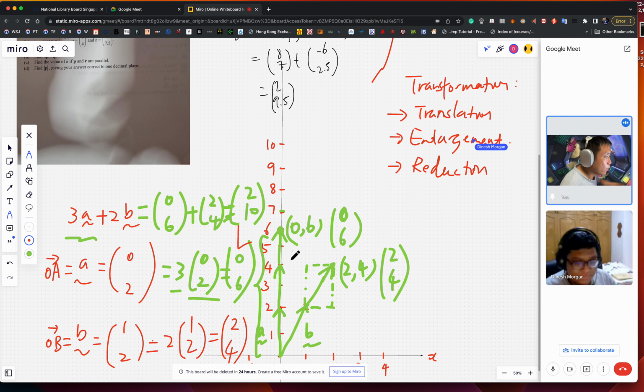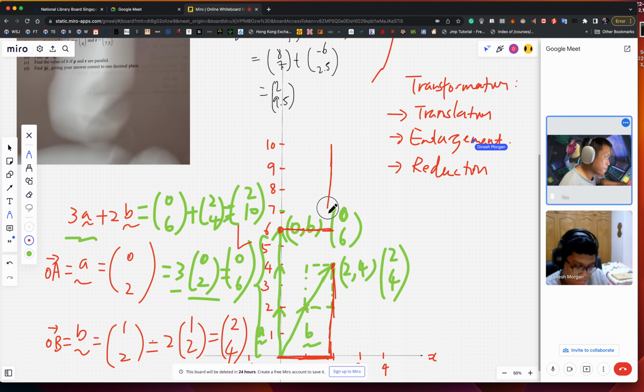So in a way, if you just use this graph to get this 0, 6 and then 2, 4, how you will do it is, this is 2 units, and 4 units up, right?